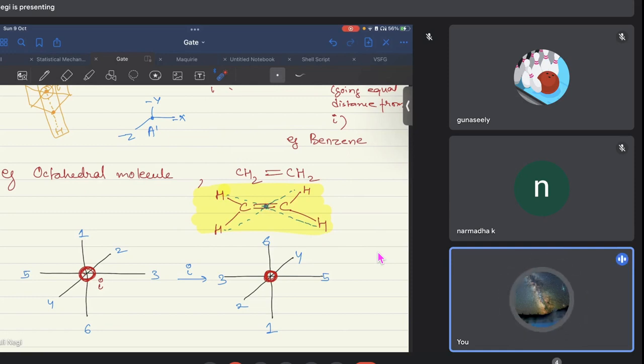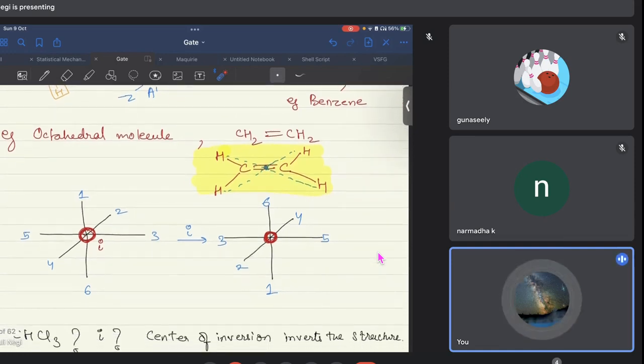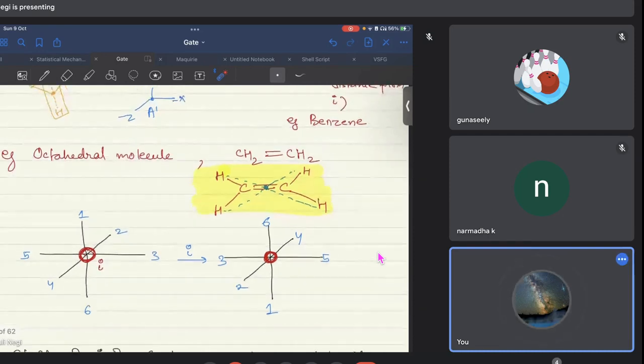Now the octahedral molecule. In an octahedral complex, we had 6 coordinated ligands, and if I say all these, 1 2 3 4 5 6, are equal, this is the center. Say I am doing the center of symmetry operation. What does this operation do? It reflects all the points. For example, 1 will reflect here, and this 6 will be reflected here.